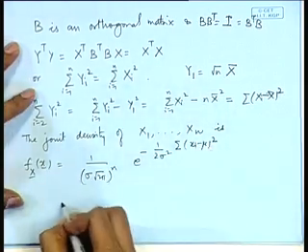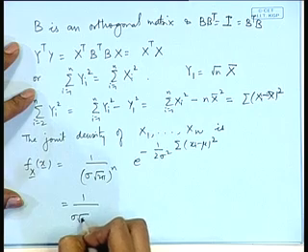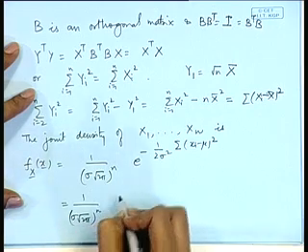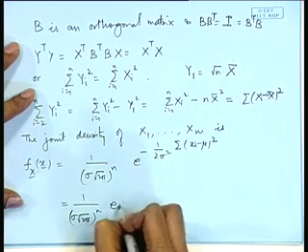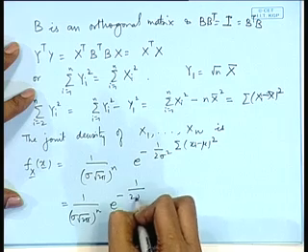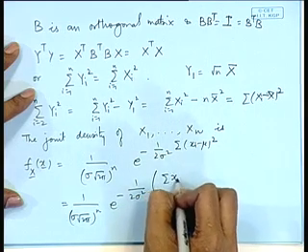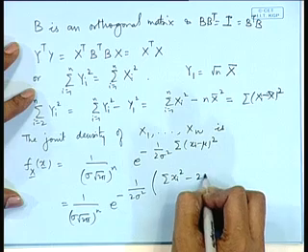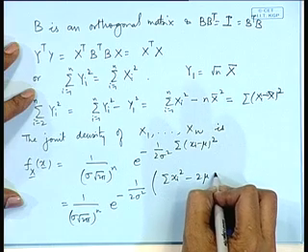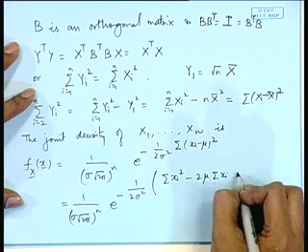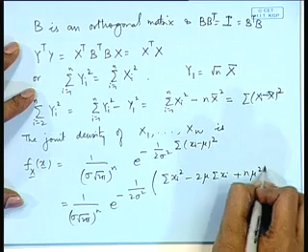Now, this we expand, we can write it as 1 by sigma root 2 pi to the power n, e to the power minus 1 by 2 sigma square, and now we get sigma of xi square minus 2 mu sigma xi plus n mu square.